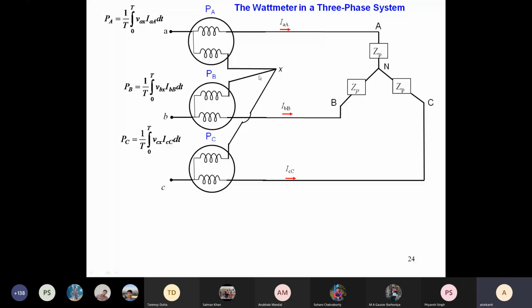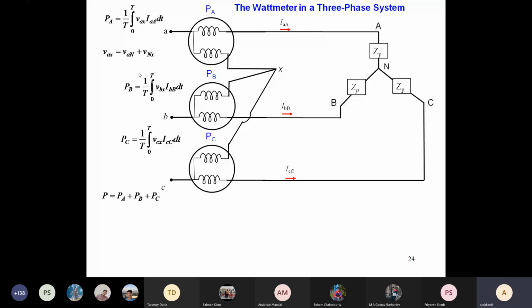What is VAX? VAX is equal to VAN plus VNX. Similarly, VBX and VCX can also be written down. So what is the total power? It is equal to the sum of the powers in the 3 wattmeters.